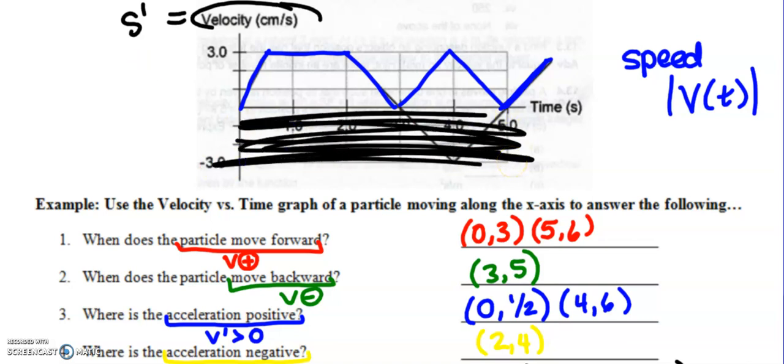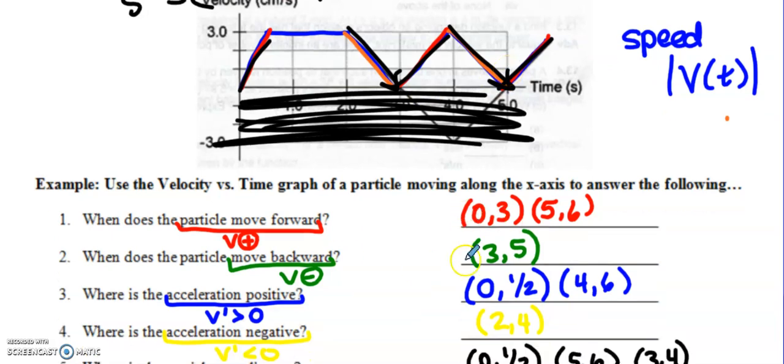Okay? Here's my speed graph. Speeding up, speeding up, speeding up, slowing down, right? Speed decreasing. So you can always draw the speed graph and actually see it. But again, think about what was happening. Moving away from the x-axis, versus moving towards the x-axis, okay, or towards rest, if you will.